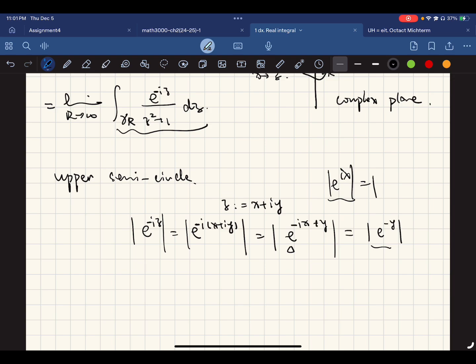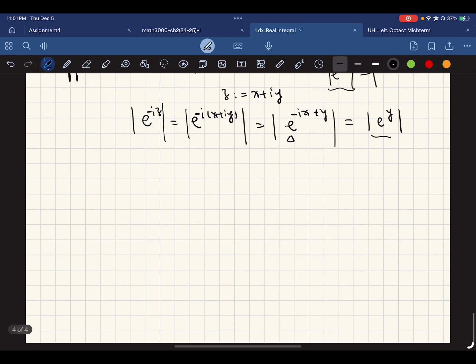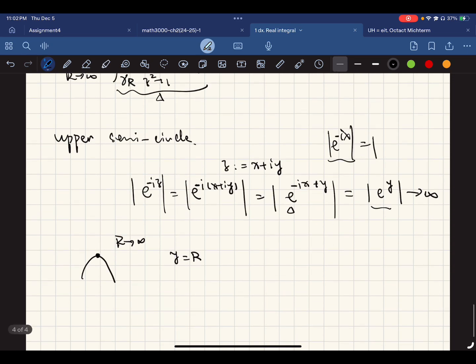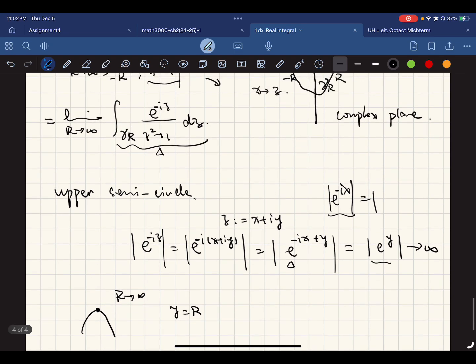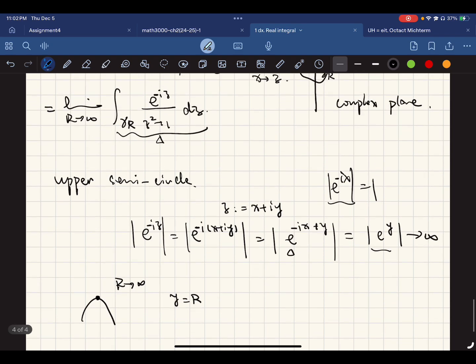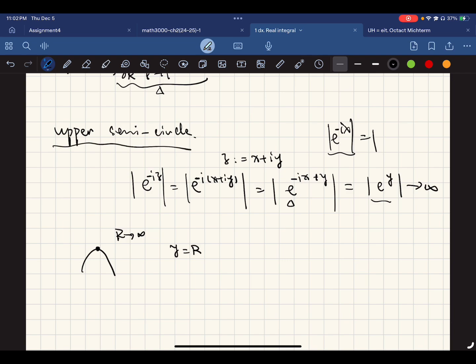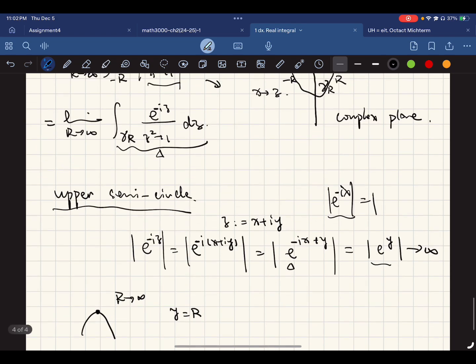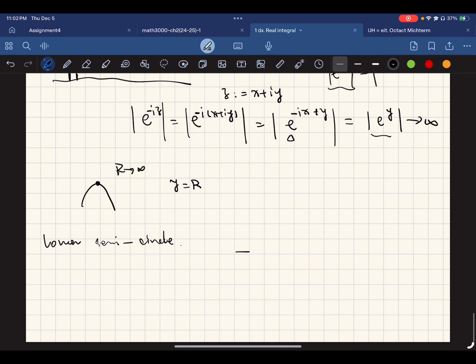If we choose the upper semicircle, when R tends to infinity, we can take y equal to R. This will tend to infinity, which will make this integral divergent. So it's not convergent, so we cannot choose the upper semicircle. We can only choose the lower semicircle, so we will choose the lower semicircle to be our contour.